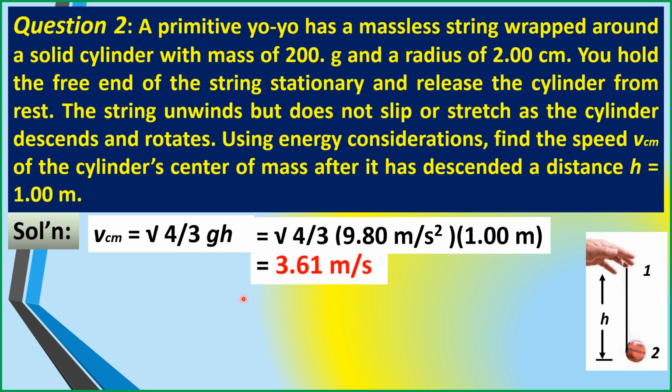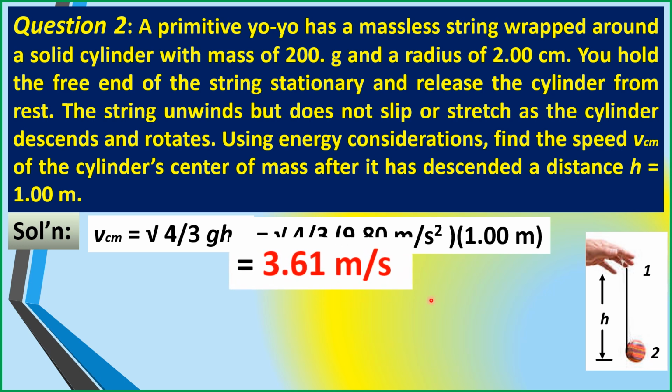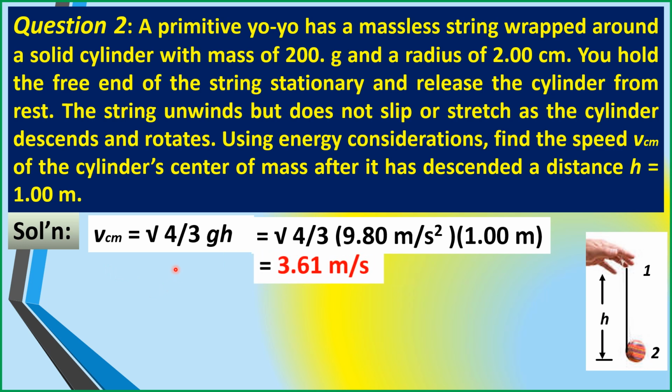If we try to evaluate this calculated speed of the center of mass of the yo-yo, you will notice that the value that we obtained is lower than the final speed of an object that is not attached to a string like the yo-yo here.